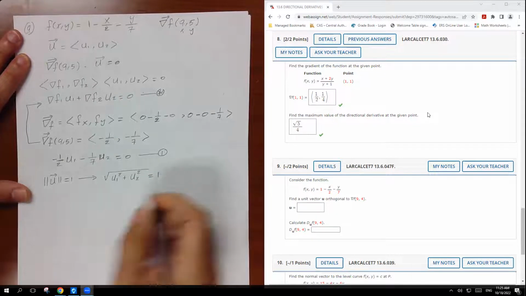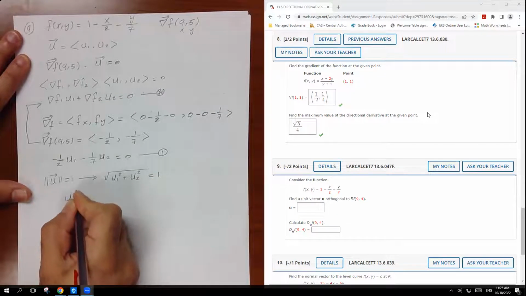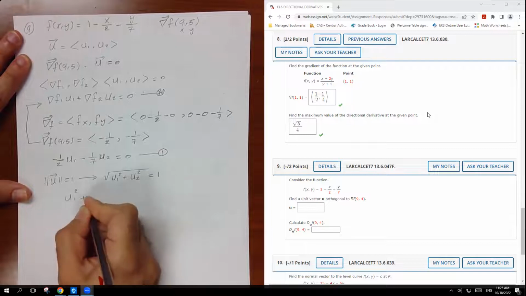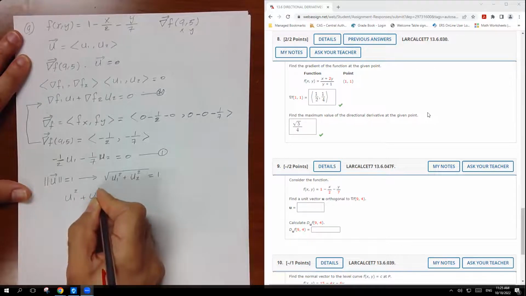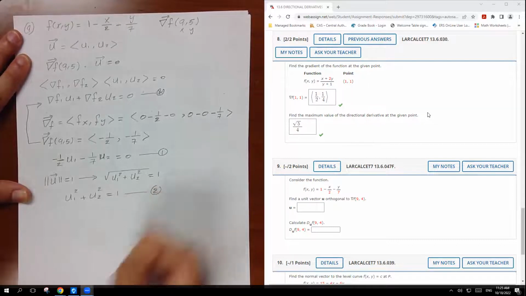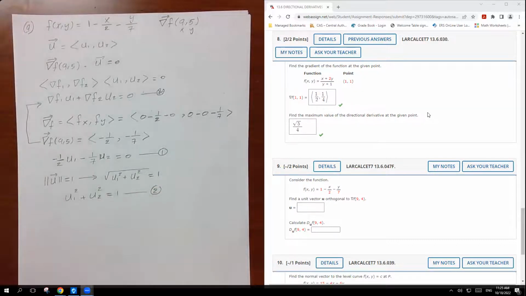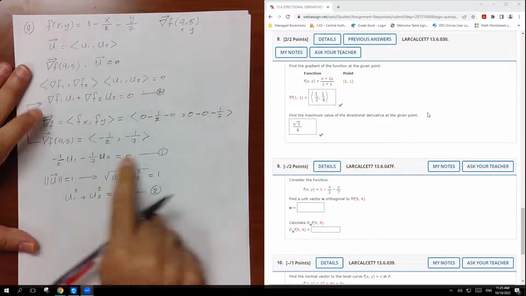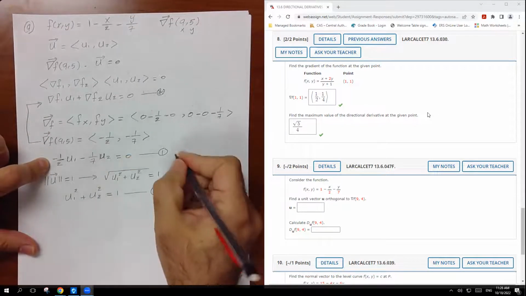Square both sides, so it's going to be u1 squared plus u2 squared equals 1. This is the second equation. Now I have two equations. Let's solve the first one and plug it in here.